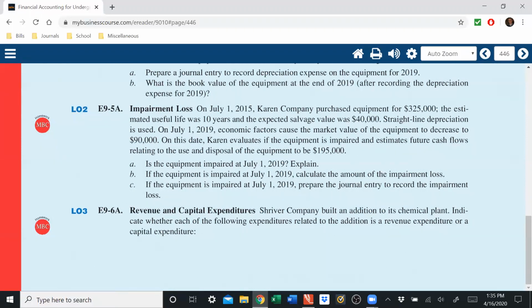And those three things, from the PowerPoint presentation from chapter 9: if the cost extends the useful life of the asset, or improves the quality or quantity of the asset's output, or reduces the asset's operating costs, then that cost should be treated as an asset, should be capitalized.